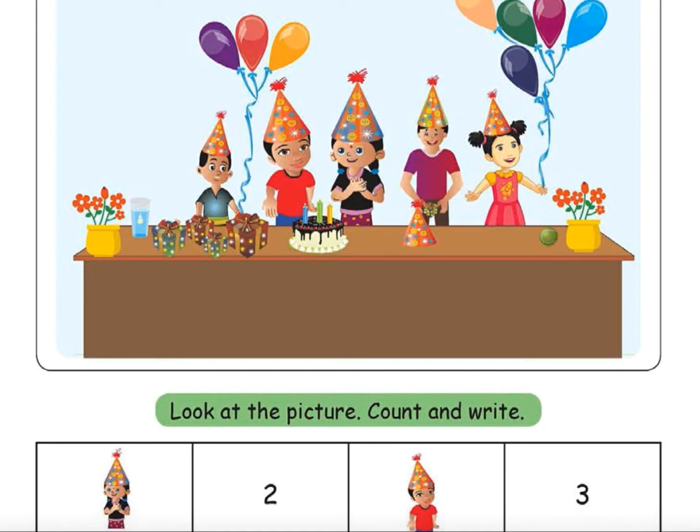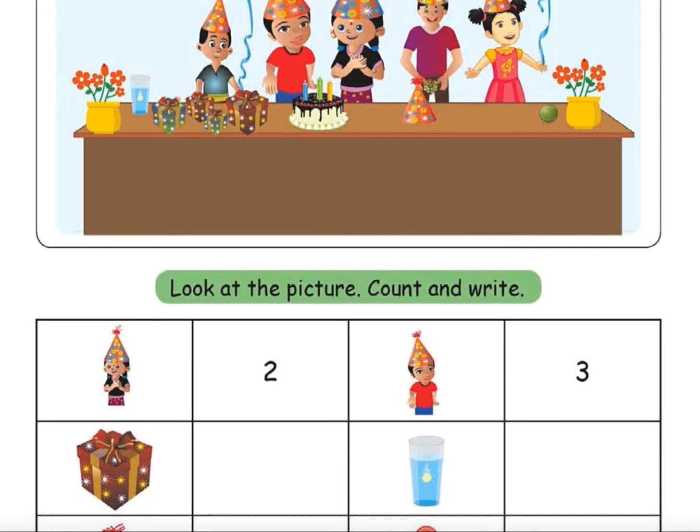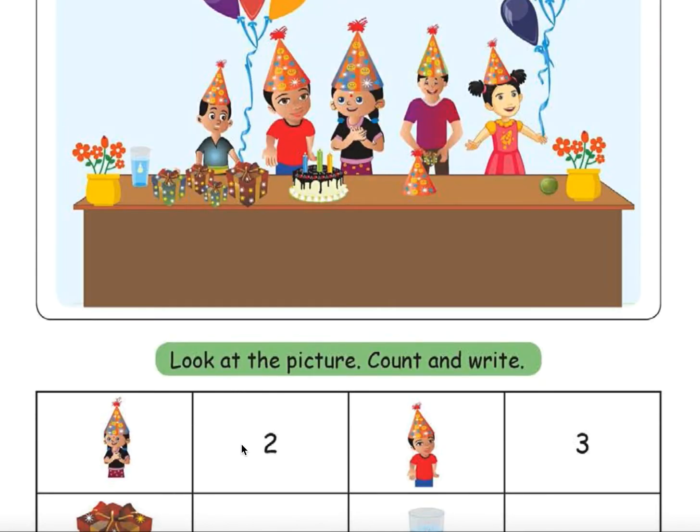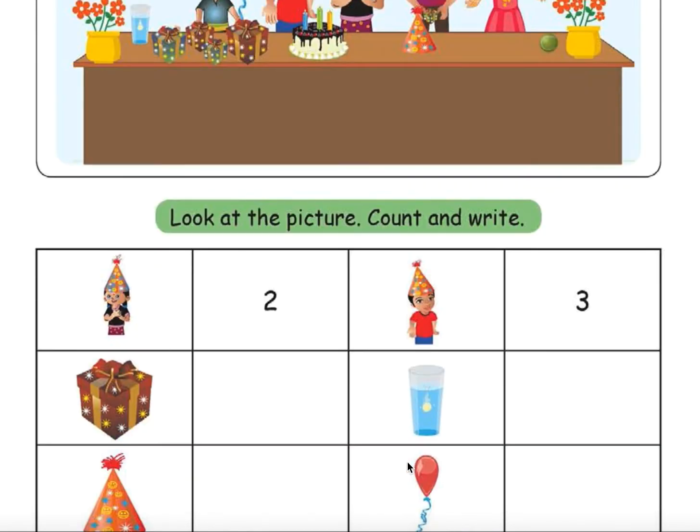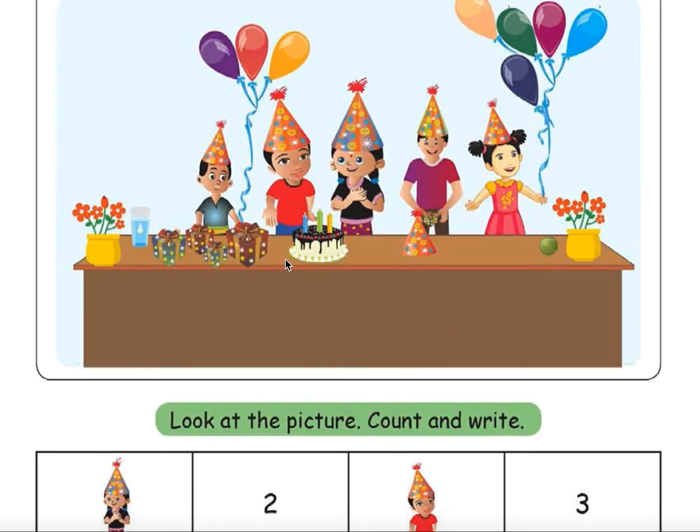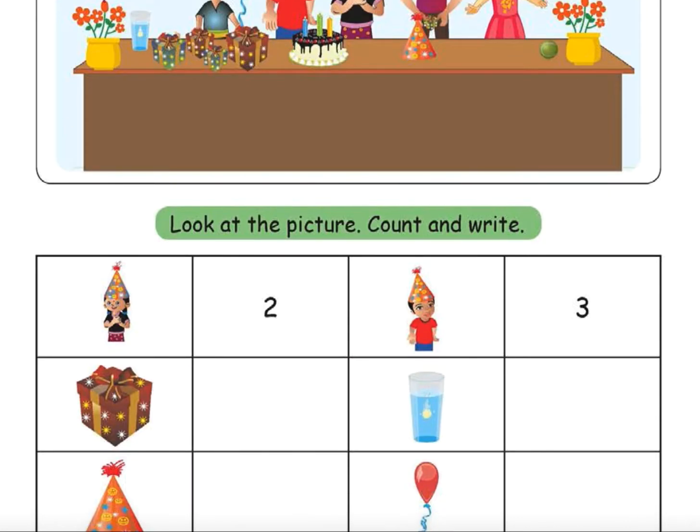Practice birthday celebration. Look at the picture, count and write. Girls 2 numbers, boys 3 numbers, 1, 2, 3. Gifts. See the gifts, 1, 2, 3, 4. 4 gifts. So you need to write 4 here.